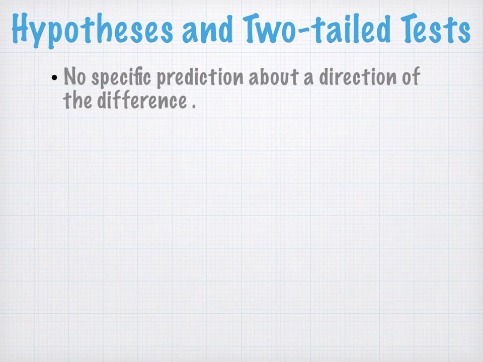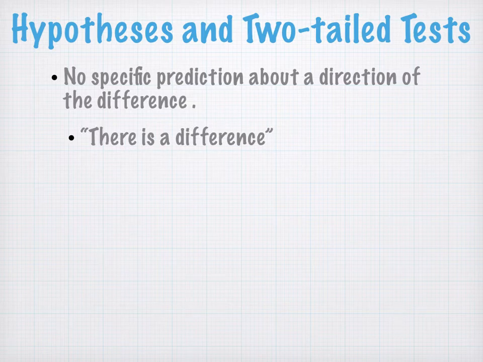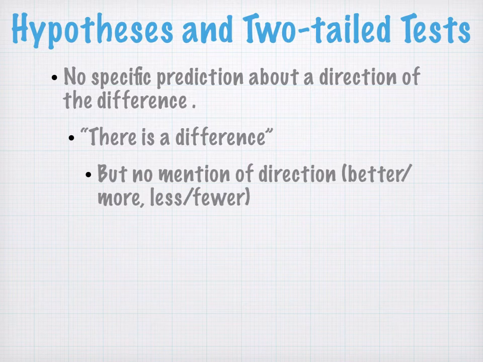If there's no specific prediction about direction, the researcher just says, we think these two things are going to be different. We think there's going to be a difference between our experimental group and our control group. But there's no mention of direction, so that's not better or more or less or fewer, any of these kind of direction words, but just that there is going to be a difference. Then we're talking about a two-tailed test.